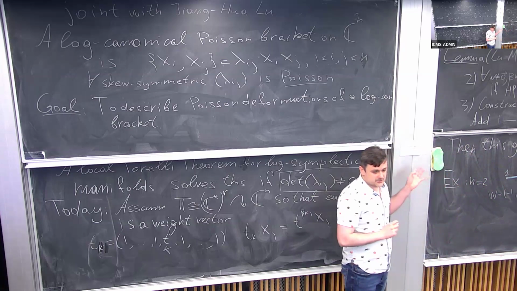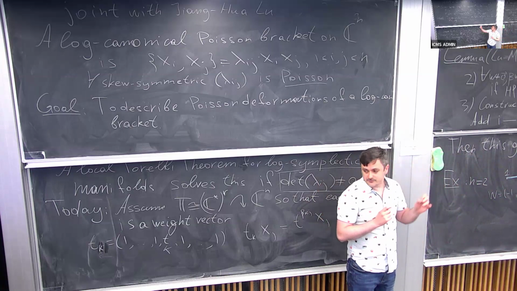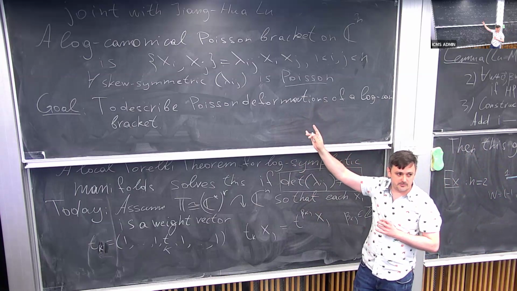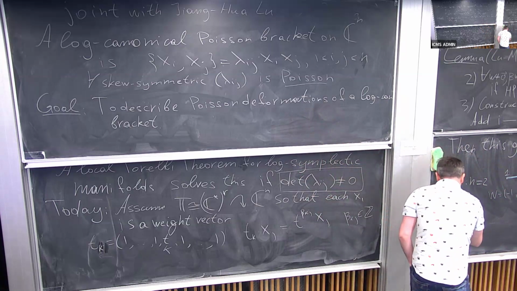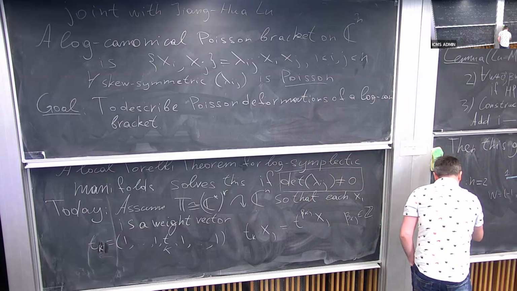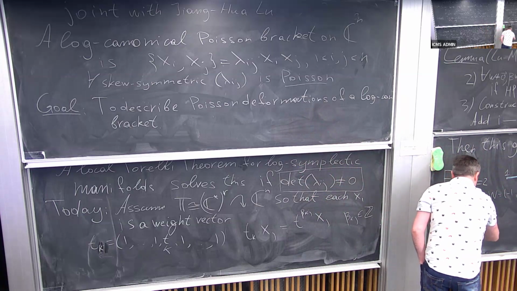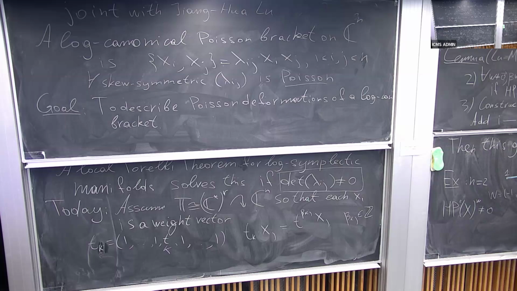Now the next question is, when you add these first order deformations to the Poisson bracket, whether the Poisson bracket can be made Poisson on the nose, not only up to epsilon squared terms. If you have a situation where the weight contributes, then there is, up to a constant, a unique bivector that has this weight.